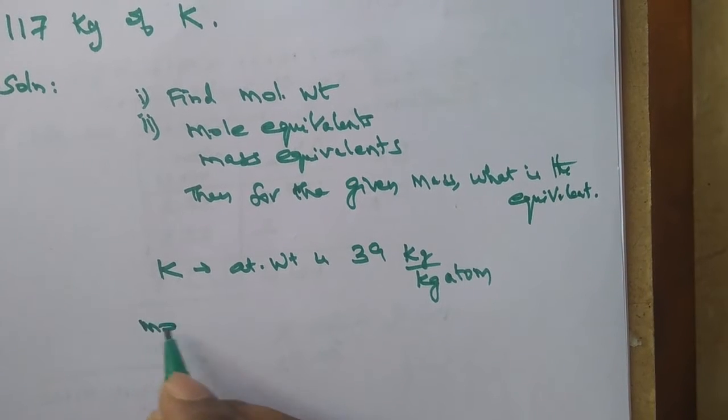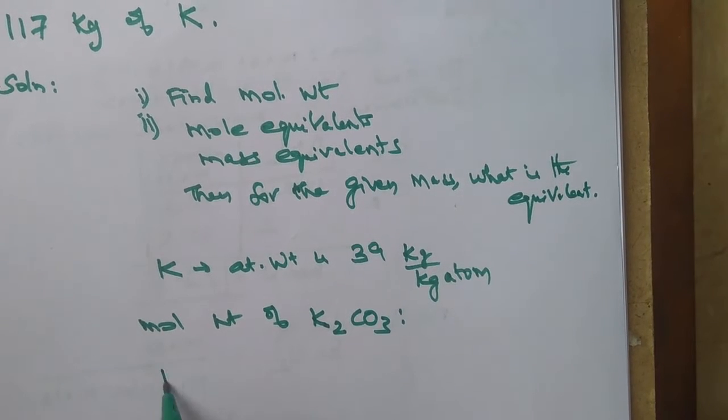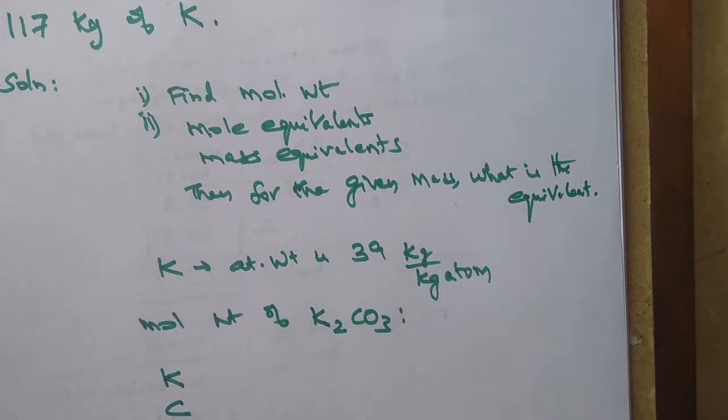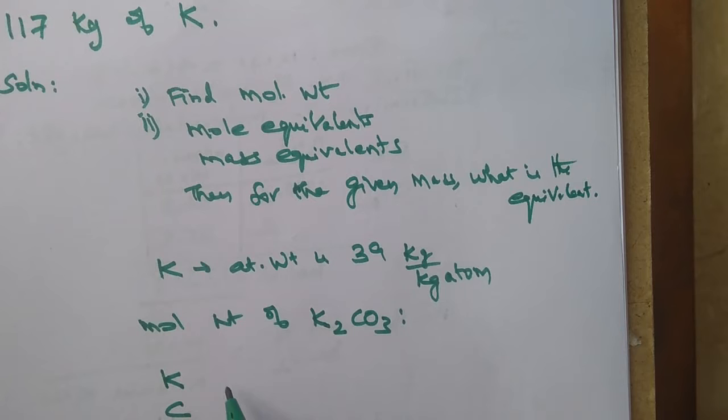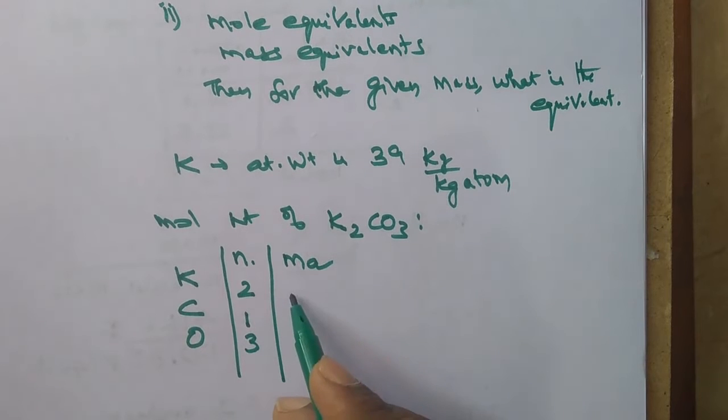We write K, C, O in one row, then the number of atoms of each element in the next column, N. N for K is 2, C is 1, and oxygen has 3 atoms. Then we write the atomic mass: K is 39, carbon 12, oxygen 16.